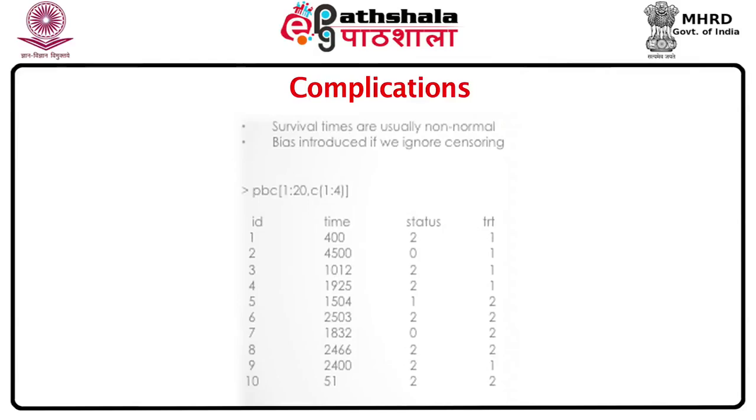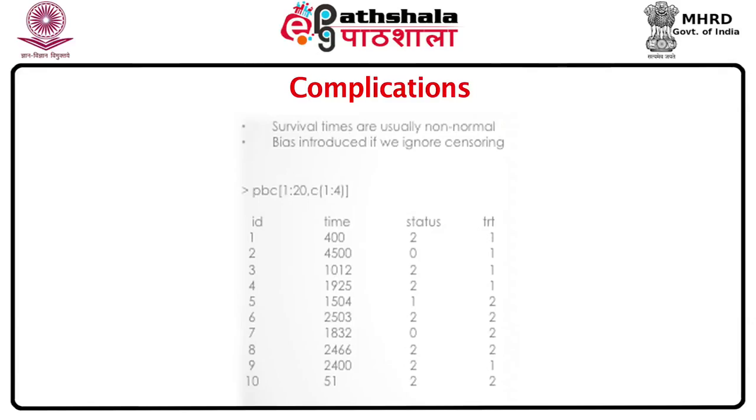The status variable indicates whether or not the person has experienced the event at the point at which the study was terminated, or whether the person was censored. So the time for someone who has experienced the event is the time to event. For someone who is censored due to loss of follow-up or for study termination, it is this last known value of the time at which the event was yet to occur.